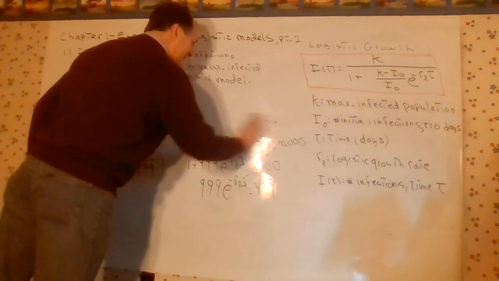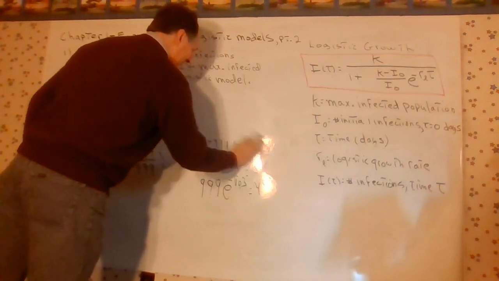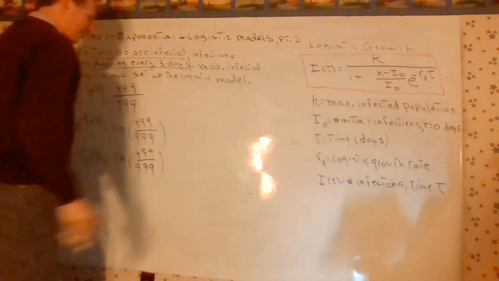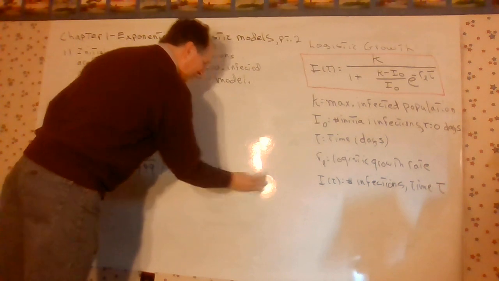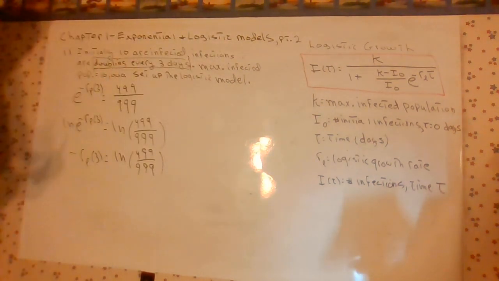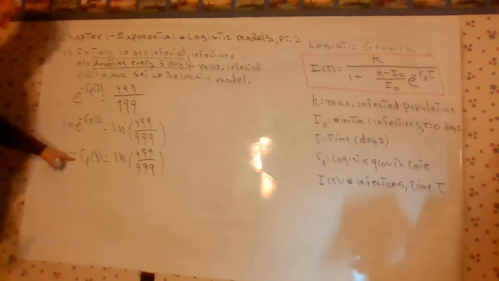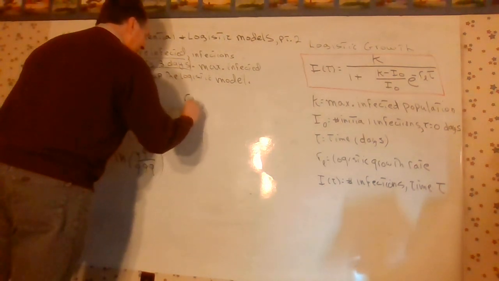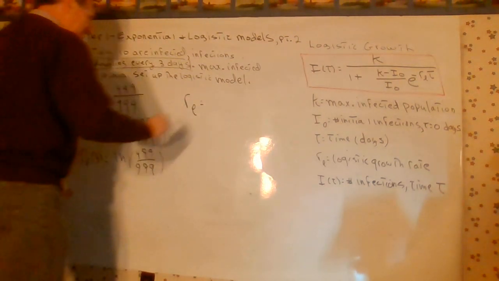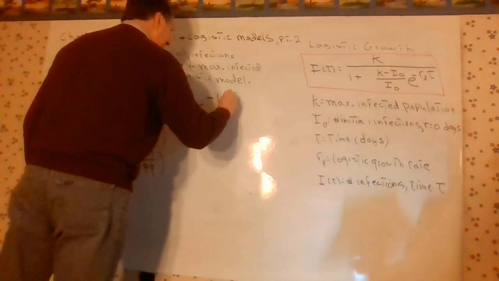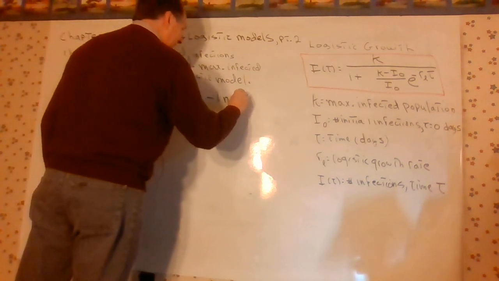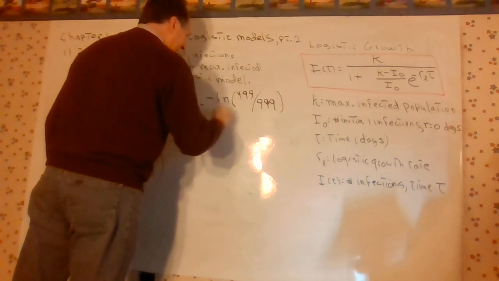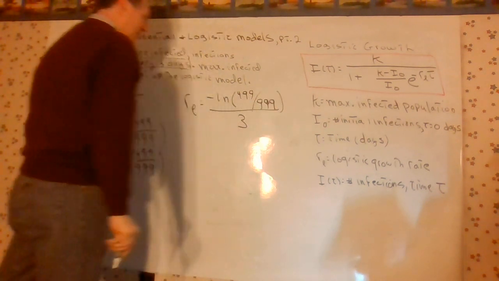We need to multiply by negative and divide by 3, and so R_L is equal to negative natural log of 499 over 999, all divided by 3.